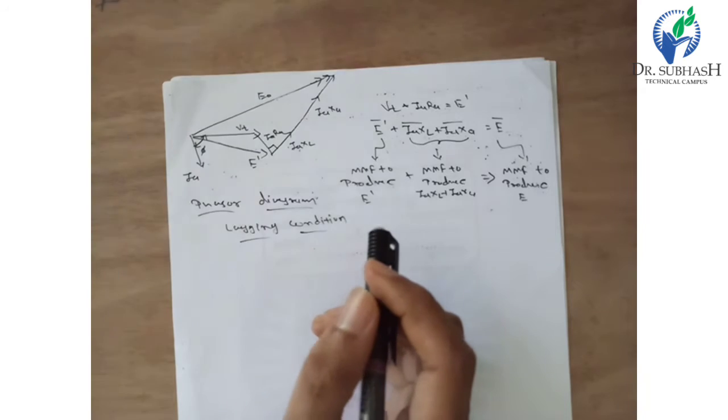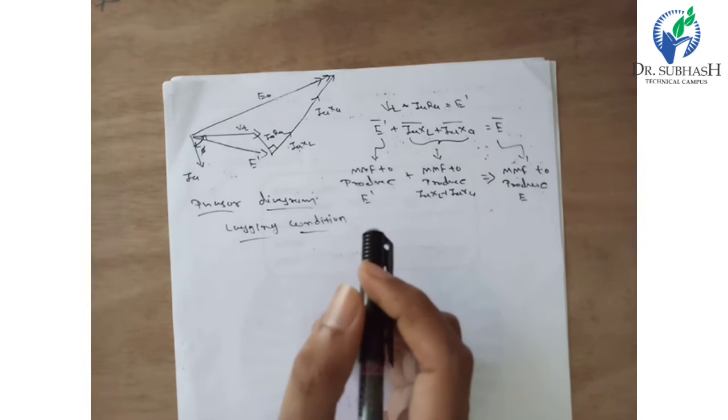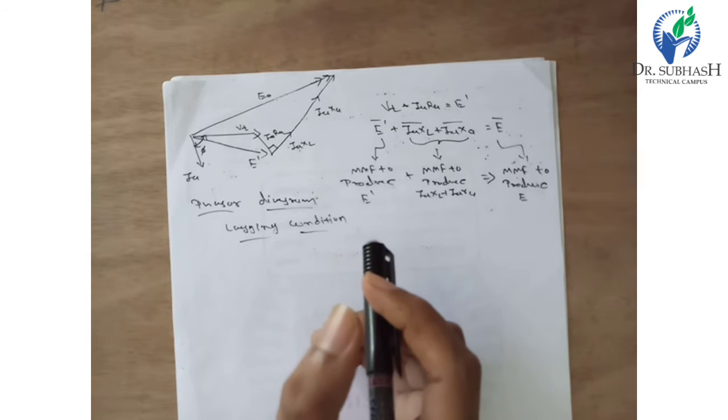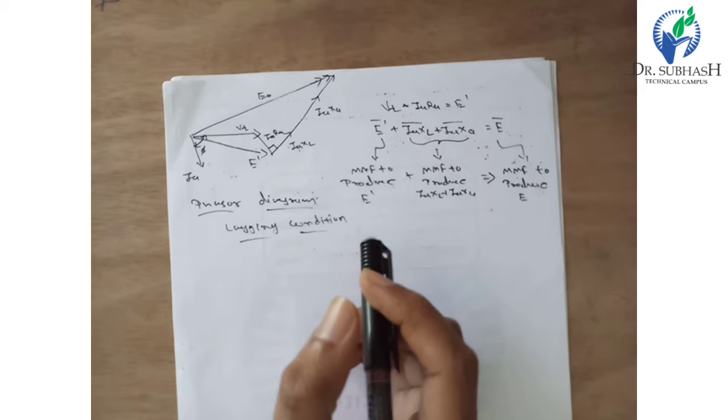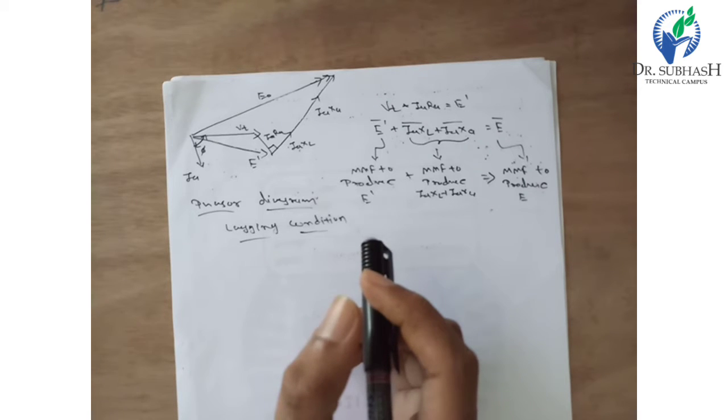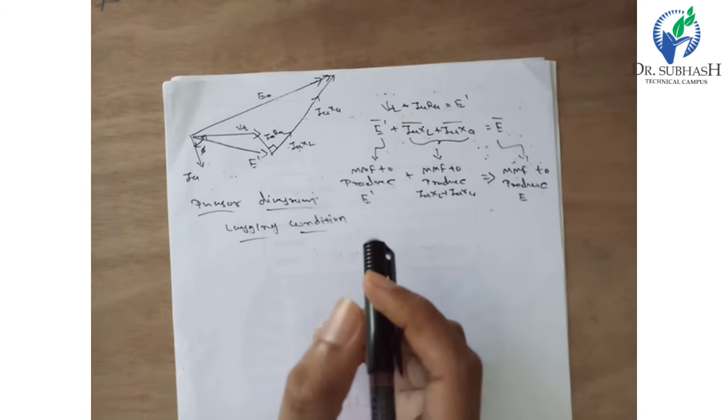In this method of finding the voltage regulation, every drop is expressed in terms of the field MMF, because ultimately it is the field MMF that produces the EMF and the voltage drop.